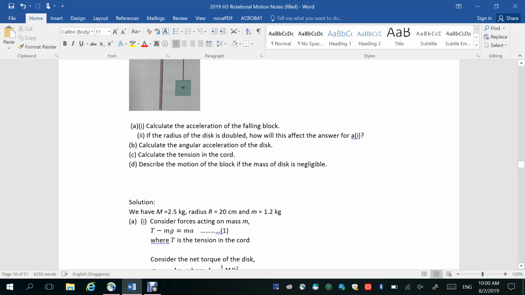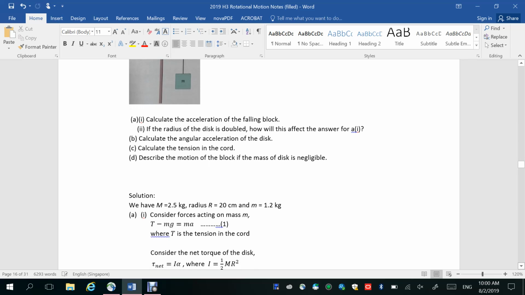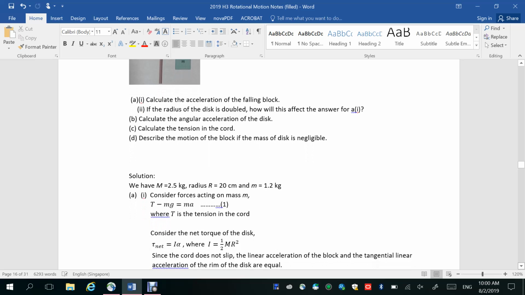Next we need to form another equation for the disc. For the disc, the rotational inertia is half mr squared. So the rotational form of Newton's second law is torque equals I alpha.